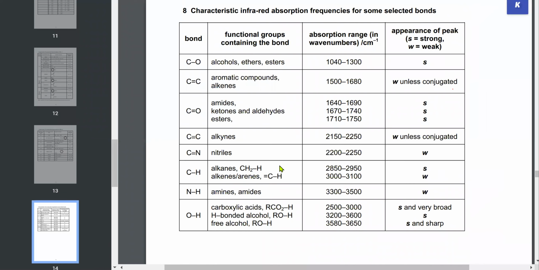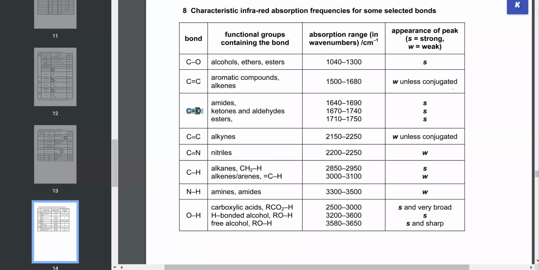Now, the few things that you can easily identify in the infrared spectrum are the C double bond O vibrations. The C double bond O can exist in esters, aldehydes, ketones, and also in amides. They have a very strong and unique absorption in the 1600 to 1700 range, which is different from all the others.